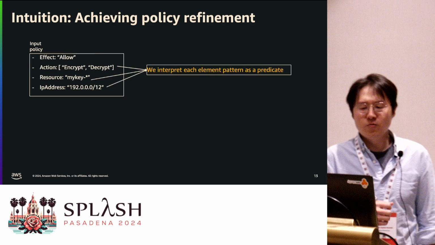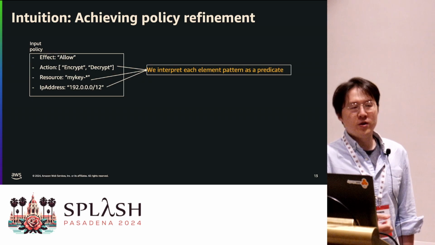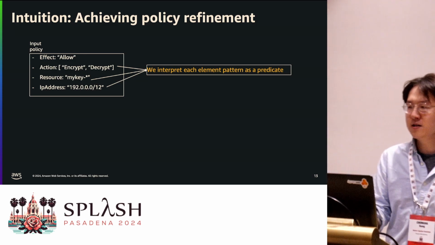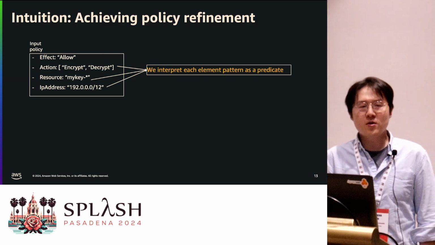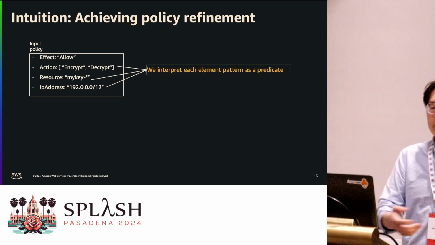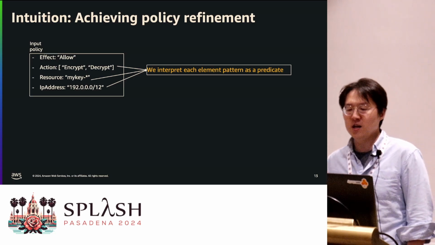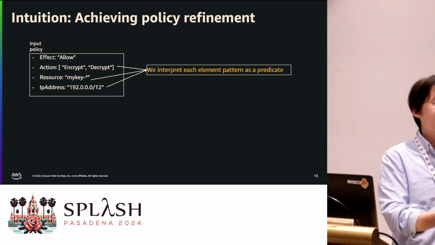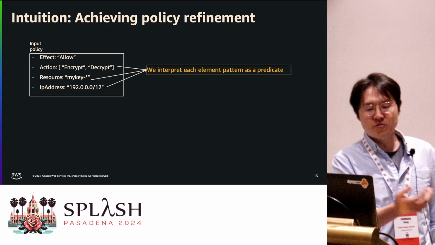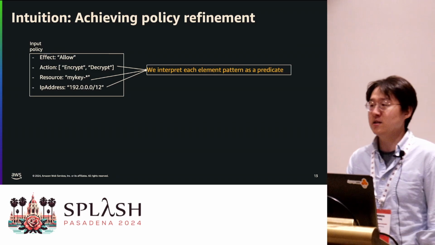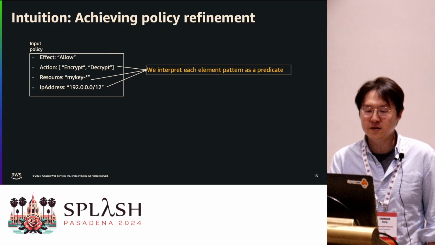The intuition for getting readable refined policies is that we interpret each element pattern as a predicate. And because of the IAM policy semantics, if we have a more restrictive predicate for each element, the statement will match fewer requests, and this results in the policy matching fewer requests.